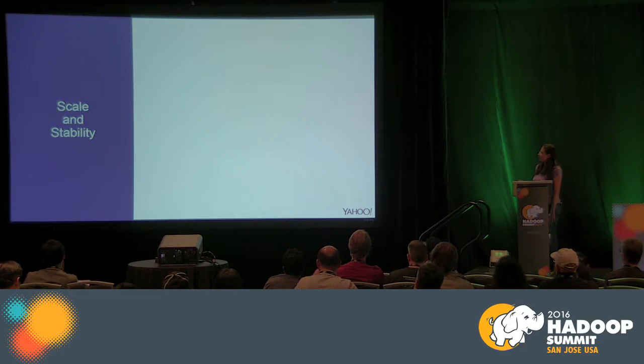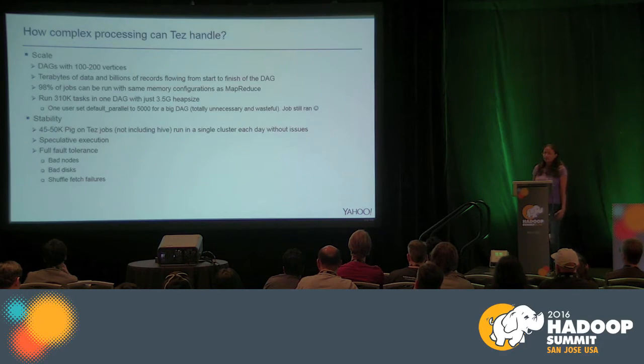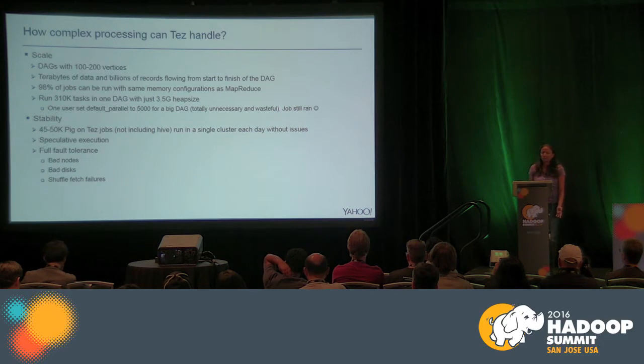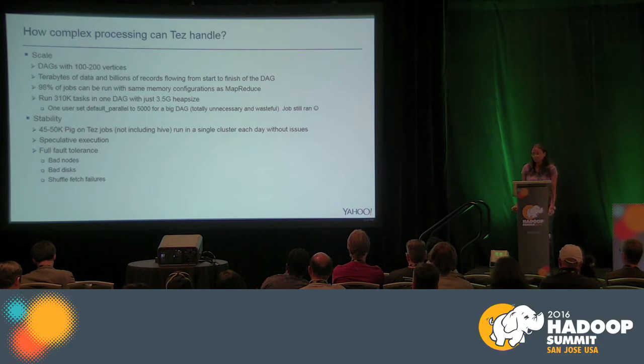Coming to scale and stability, we have been running this from the beginning of the year at real scale, and for the past few months we are running at full capacity. It's been doing really well, with really complex DAGs processing terabytes of data from start to finish. We even had users run crazy jobs, like 300K tasks in one job, and we didn't expect it, but it did run to completion.